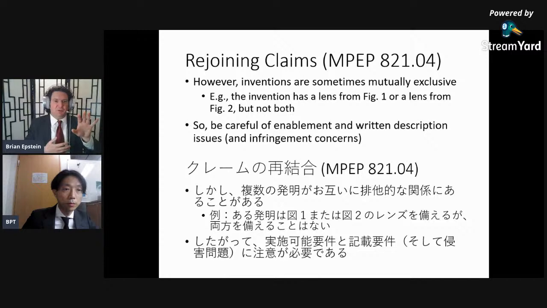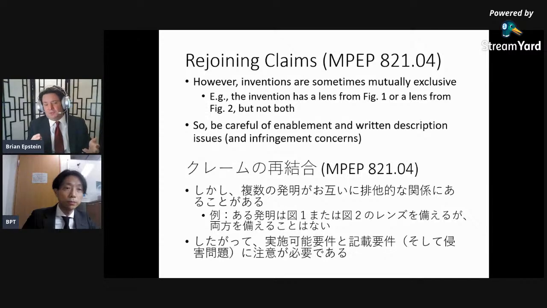But there's going to be issues, okay? So for example, there might be issues with enablement. Maybe your specification or figures are not drafted such that a person of skill in the art could make or use a device having both lenses, right? Maybe you don't have possession of a device with two lenses, right? Maybe we fail written description. Maybe we never describe that, hey, this apparatus could have two lenses.